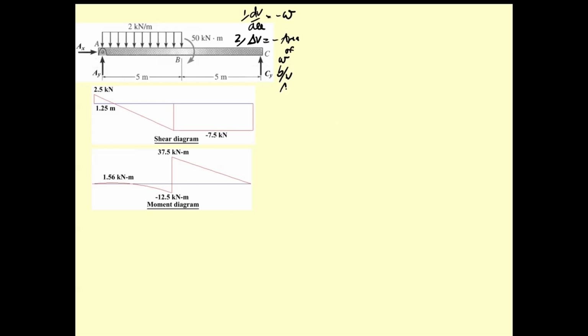Okay, and then third, for an upward force delta V is positive, for a downward force delta V is negative. Okay, coming to this one, this is the reaction. Okay, this is an upward force, upward.